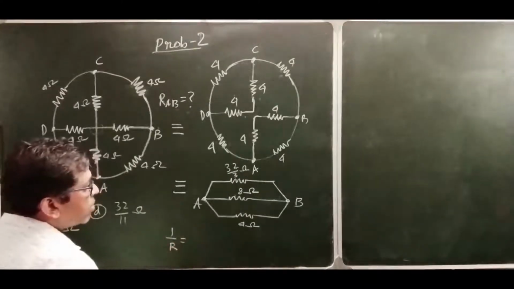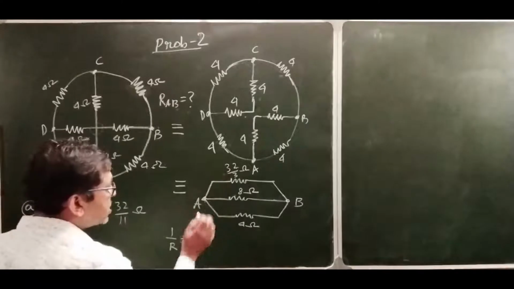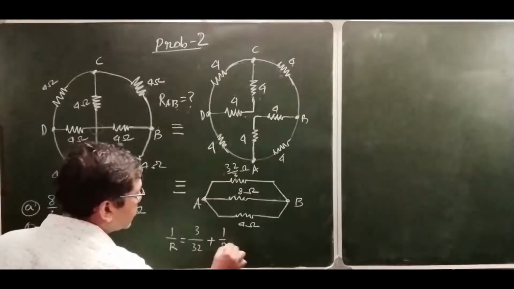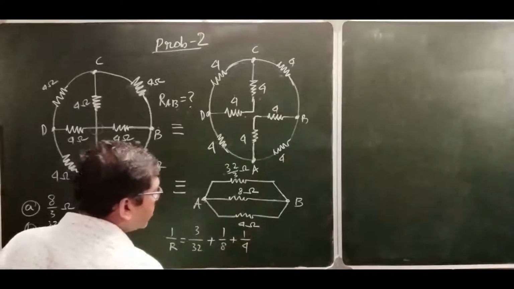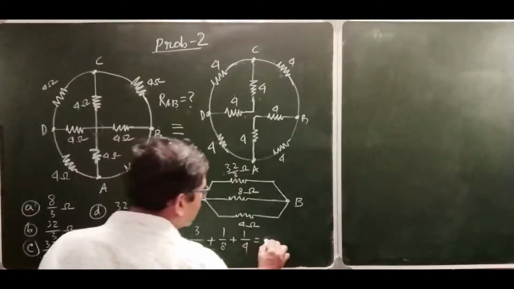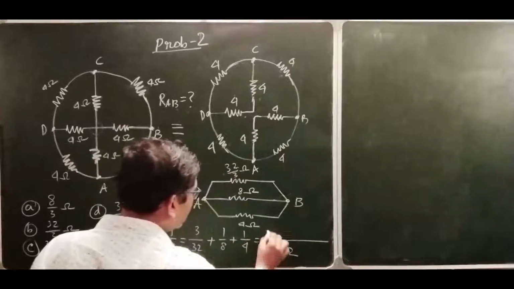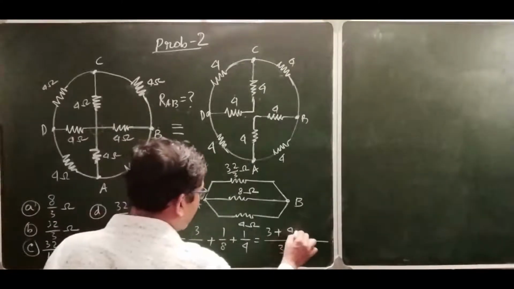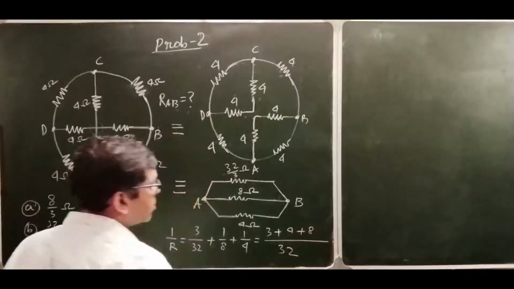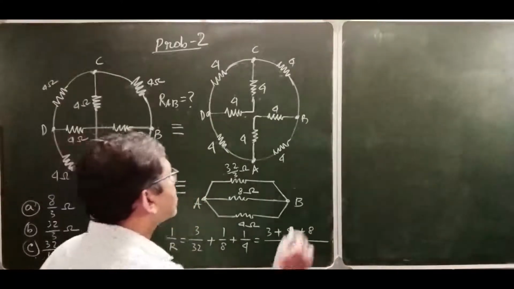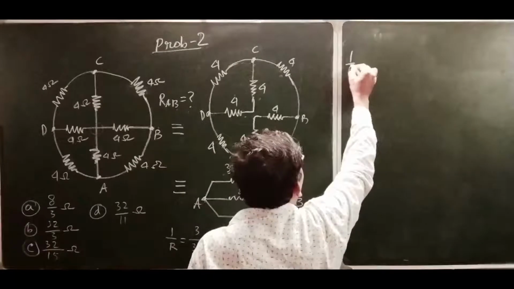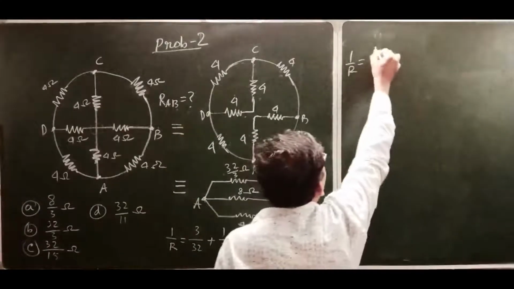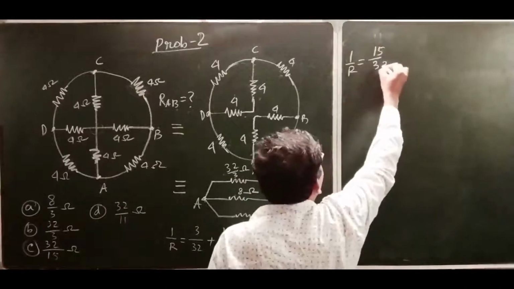So 1 by R is equal to 1 by this, that means 3 upon 32, plus 1 by this, plus 1 by 4. So LCM is 32, 3 plus 4 plus 8. That means 1 by R is equal to 15 upon 32.